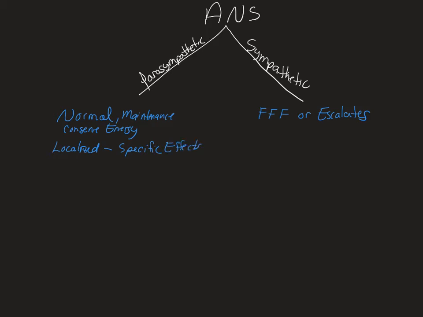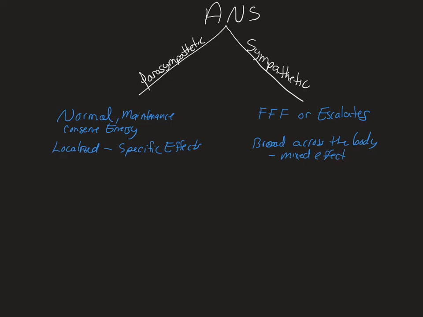In contrast, sympathetic tends to be broad across the body, all right, because it can circulate through the bloodstream if it's coming from the adrenal gland. So it's all going all over the place, and it can have a very mixed effect, all right? A lot of different things can happen.